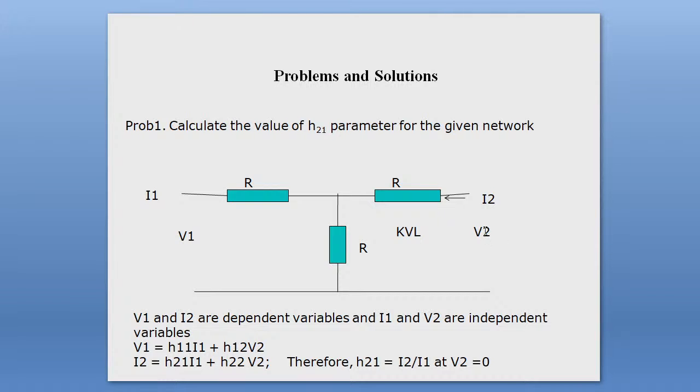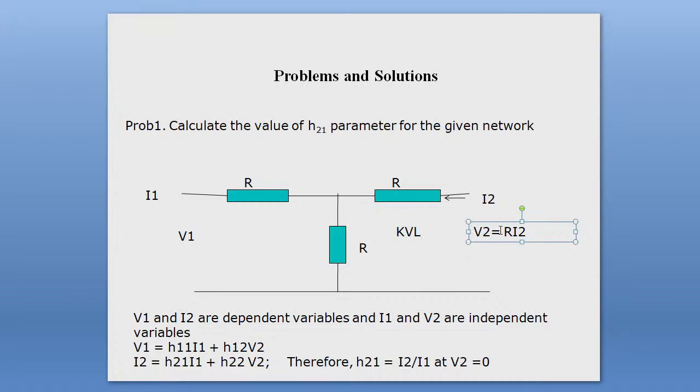So we can write V2 equal to what? Tell me. R I2, the voltage drop across this. Here I have considered this loop.